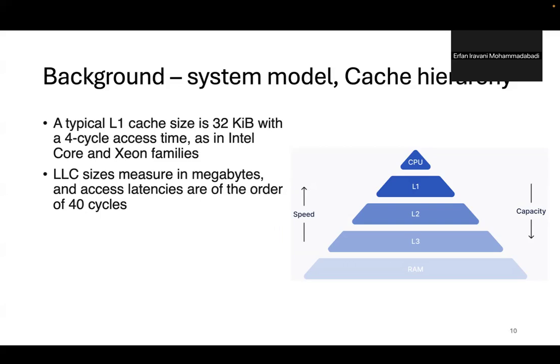Then there is the L2 cache, which is larger but slower than the L1. And in the end, we have the L3 or LLC cache, which is larger than the other two and slower. It is usually on the order of megabytes, and its access latency is around 40 cycles.